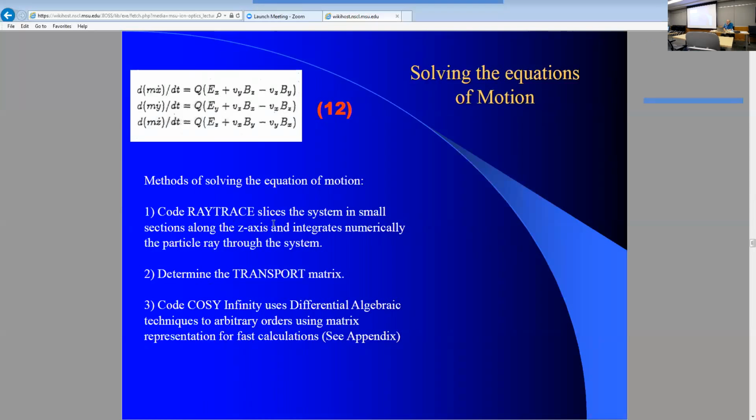In transport, it's usually done by applying simple geometry, but that won't work for higher orders. In COSY Infinity, differential algebraic techniques are used to do this. So COSY Infinity has also the advantage, like ray trace, that it can calculate arbitrary higher orders in the way we just felt. So let's end this section with this summary.